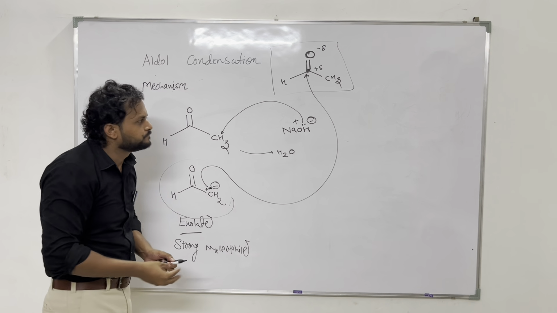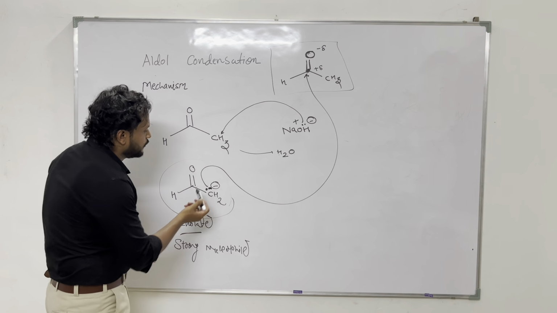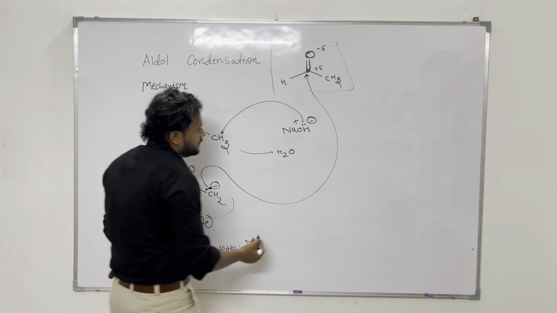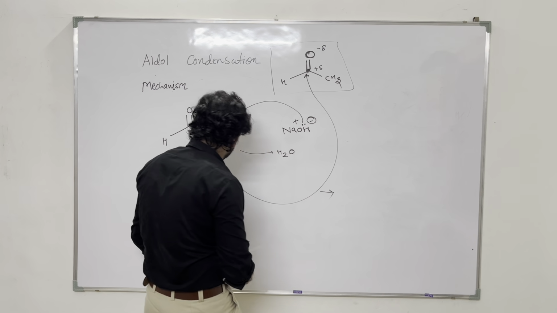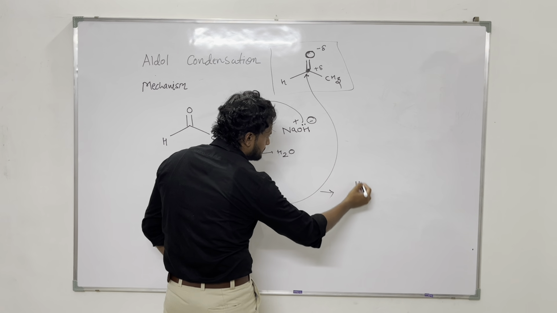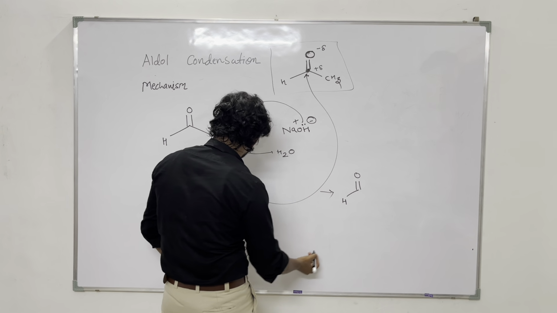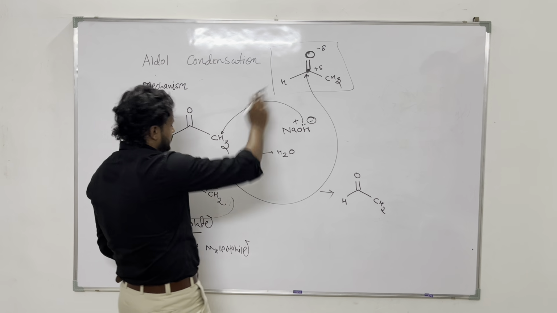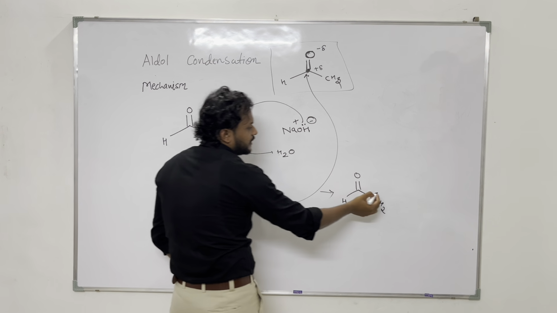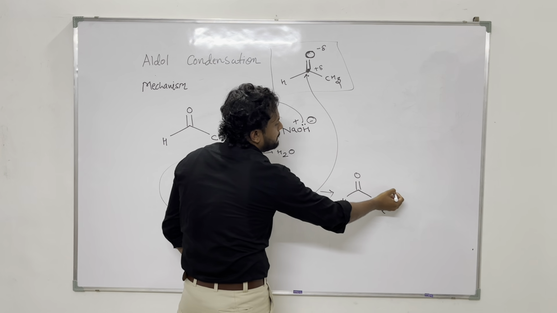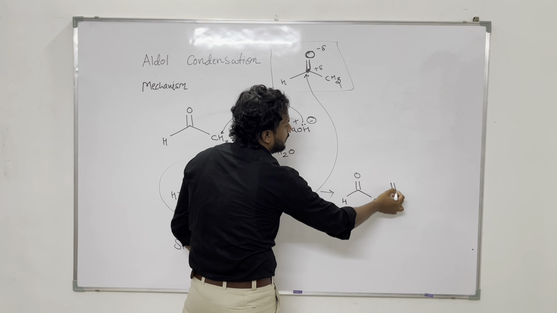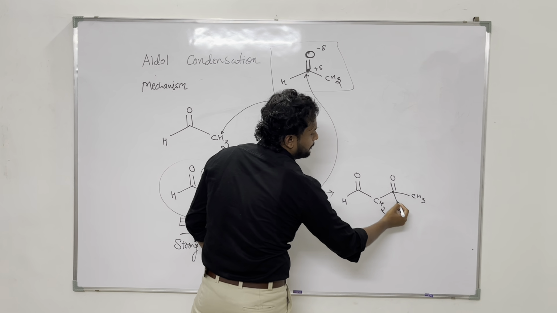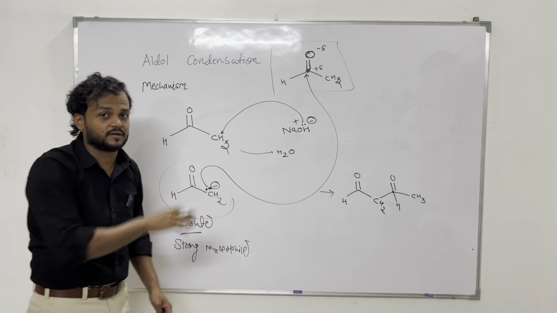Now you know that once there is an attack, a bond is going to form, and now this carbon and this carbon will have a bond. This CH2 carbon is going to attack this carbon. So now this carbon has a double bond to O, then CH3, and then a hydrogen as well.